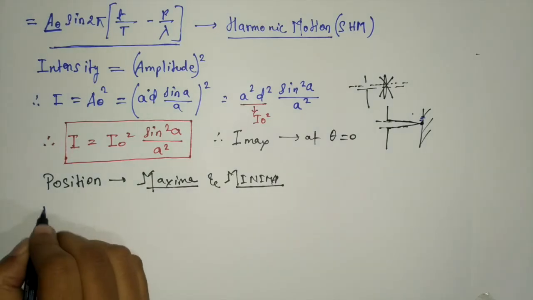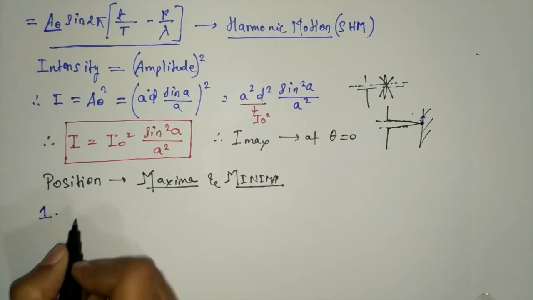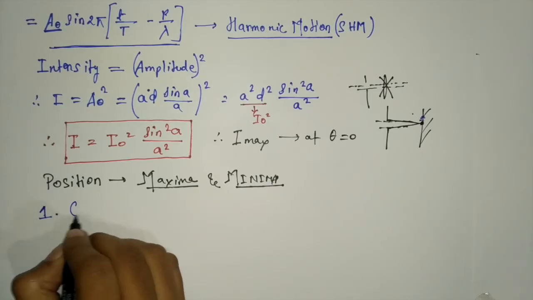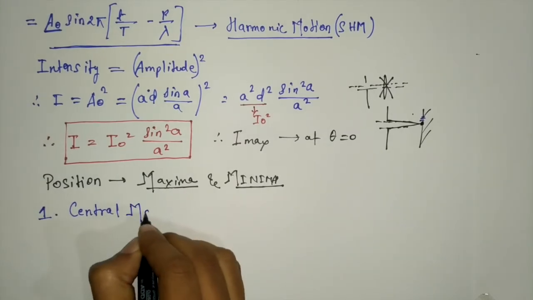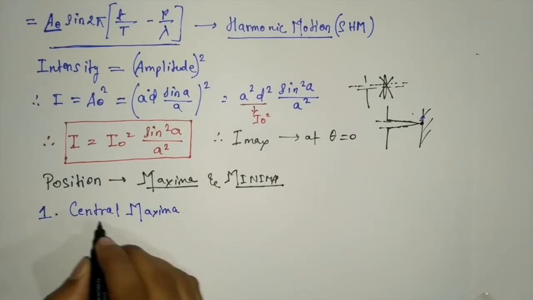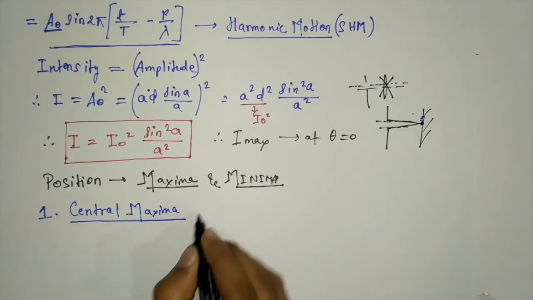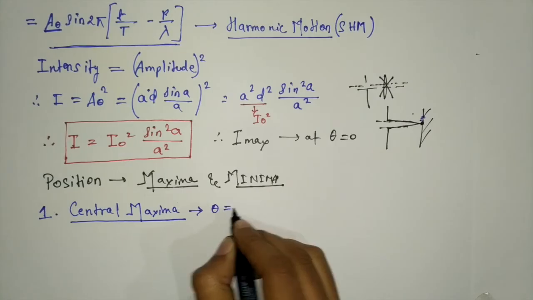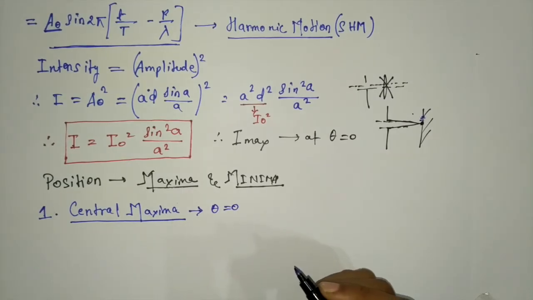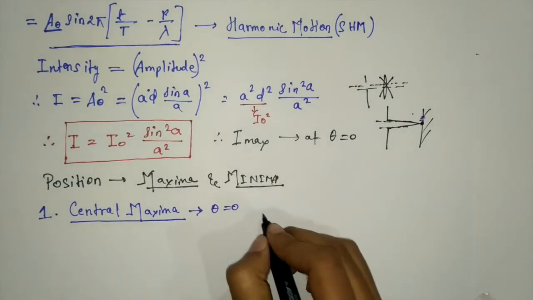So number 1, we have to take out the position for central maxima or central maximum position. So here we know that theta will be equal to 0, as I have already shown you in the schematic diagram.